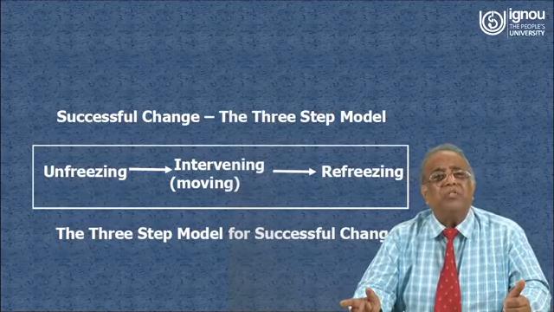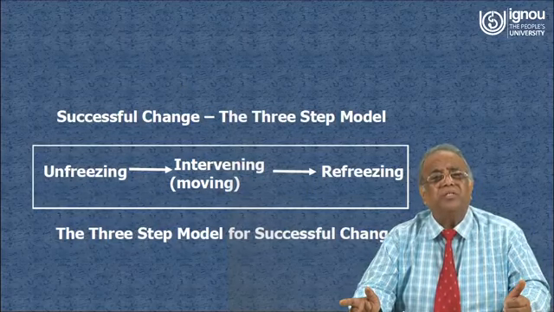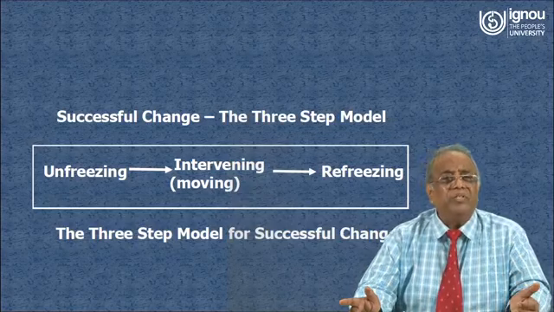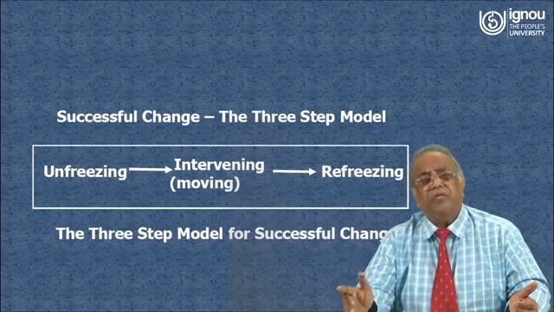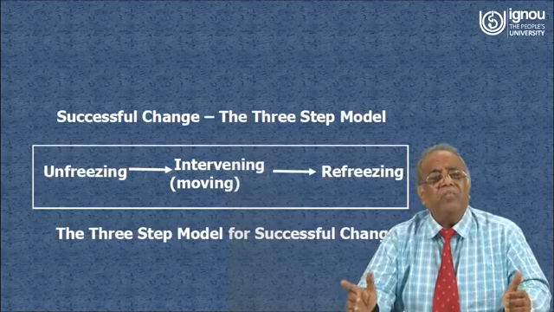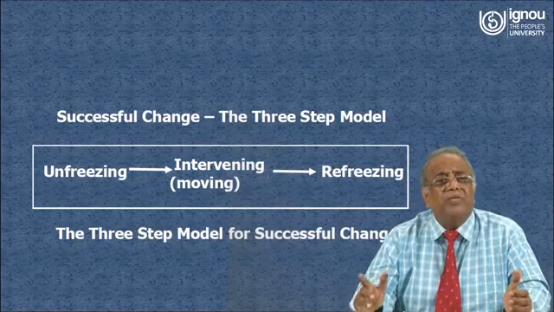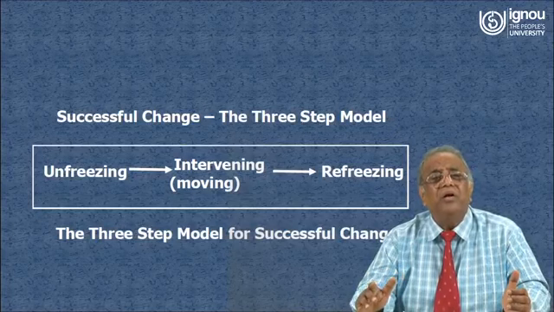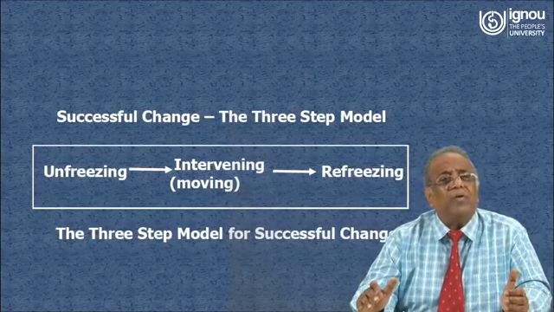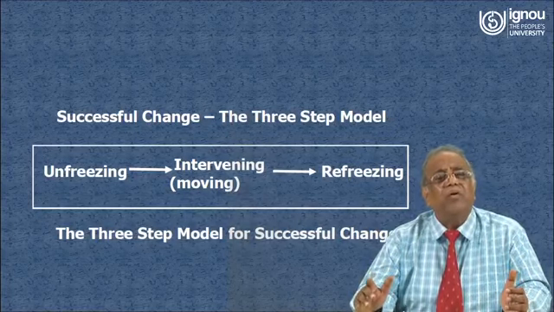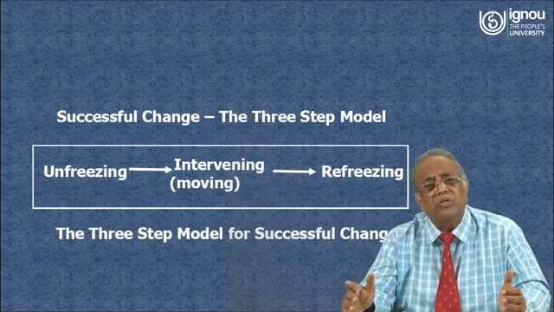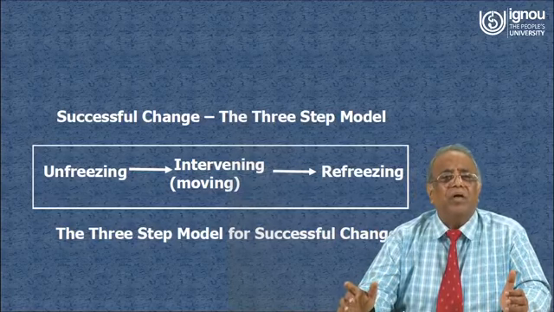Now, successful change occurs in a three-step model: unfreezing, intervening and refreezing. Unfreezing means we observe that a change is needed for that particular product, otherwise the product will not be able to sell in the market.